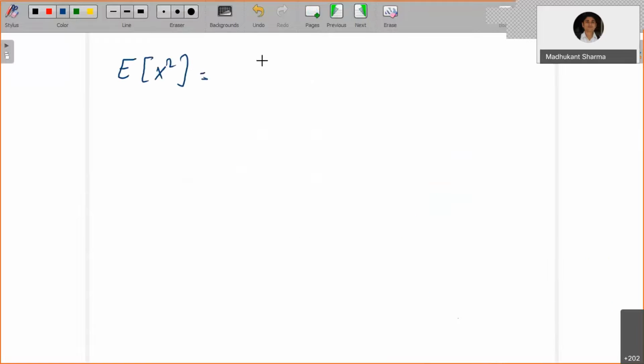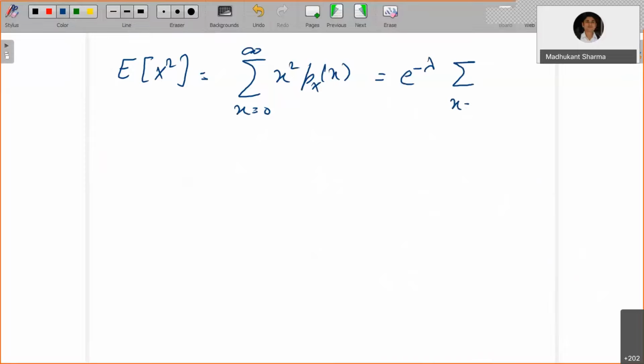That is going to be the summation of x square times p_X of x, x equals 0 to infinity. I'm writing it straightforwardly: the summation, x equals 0 to infinity, of lambda to the power x times x square divided by x factorial. Now x equals 0 will not contribute anything. x equals 1 you can start from.